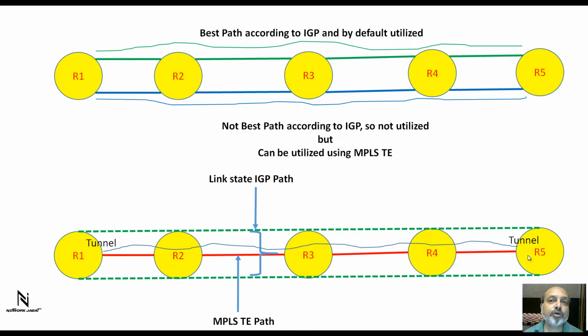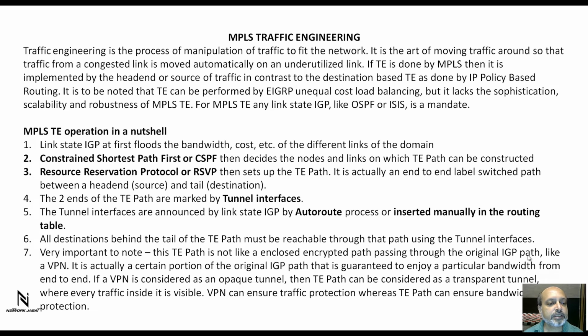But unless and until those tunnel interfaces are incorporated into the routing tables, these routers don't have any clue how to use the MPLS TE path. All destinations behind the tail of the TE path must be reachable through that path using the tunnel interface. That must be, isn't it?